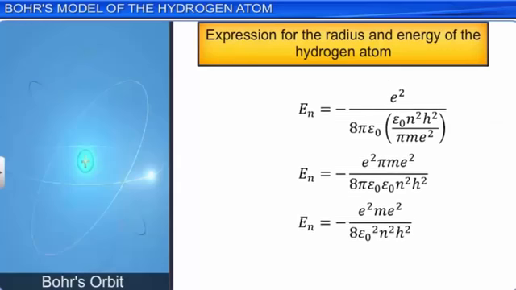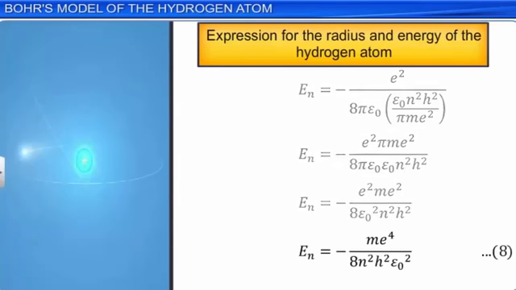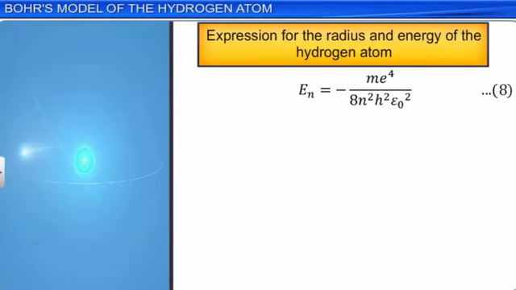Let this be equation 8. Substituting the values of m, e, epsilon naught, h, and simplifying, we get En is equal to minus 13.6 by n square electron volt. Let this be equation 9. The negative sign of the total energy of an electron moving in an orbit means that the electron is bound with the nucleus.